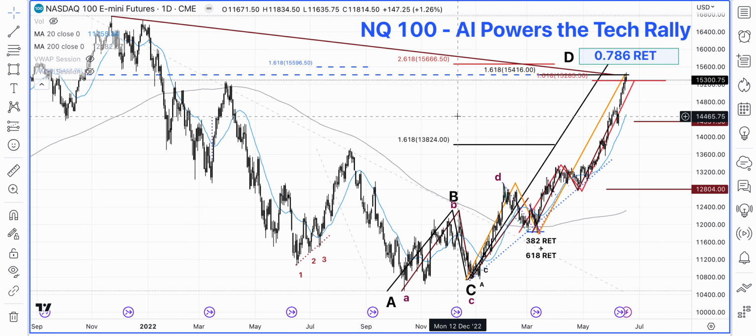Initially, we had a pattern which I thought might be a strong resistance level, because it was an ABCD, a one-to-one price projection, and also coming right at the 61.8% Fibonacci retracement, giving us a confluence level. But the momentum was so strong that the price actually overtook that, and at that point we pointed out it looks like the price might be heading towards the 78.6% Fibonacci retracement, which is roughly 15,400.